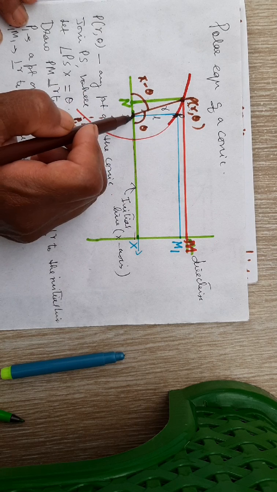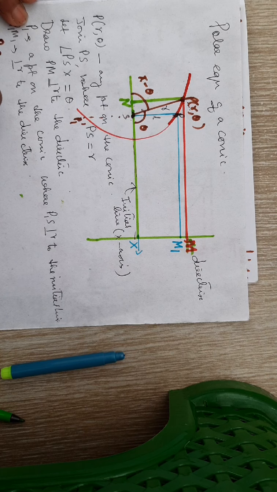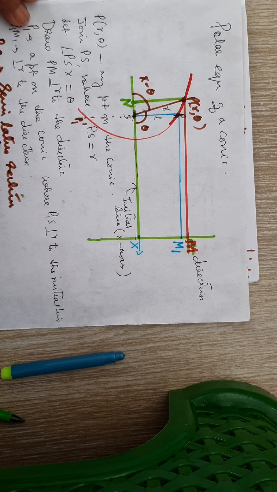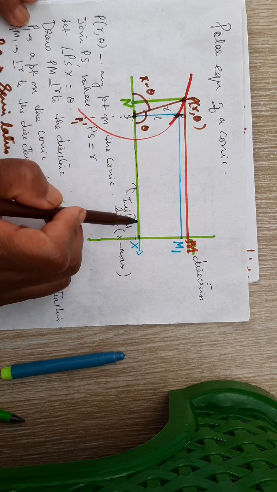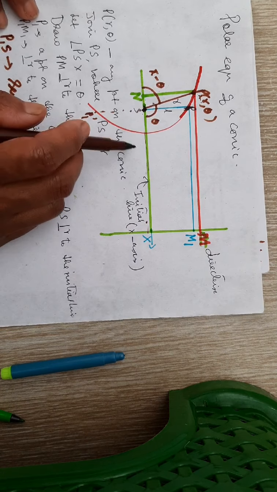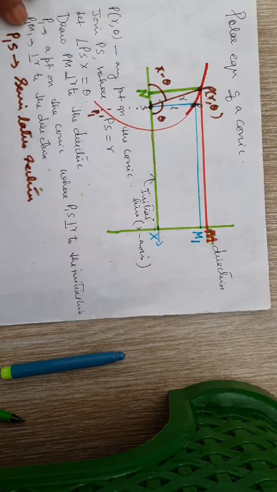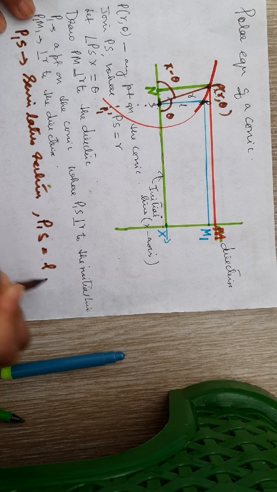And since P1S is half of that, P1S will be called the semi-latus rectum. Latus rectum is nothing but a focal chord which passes through the focus and is perpendicular to the x-axis, or the initial line, or the axis of the conic. So now let me take this P1S to be equal to L.